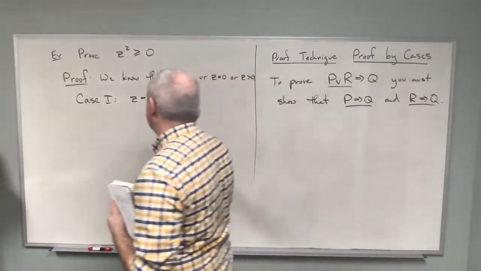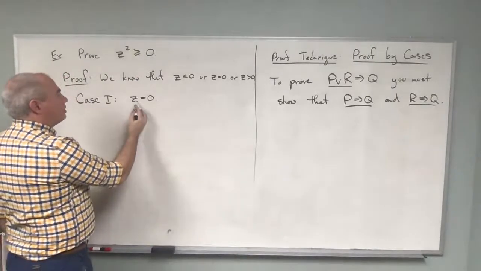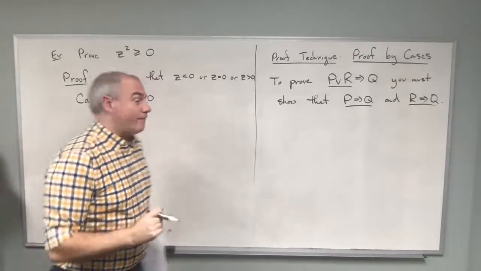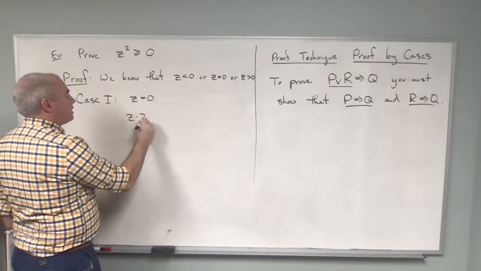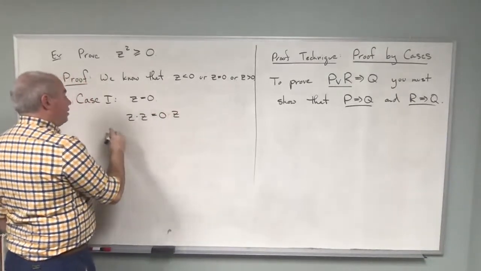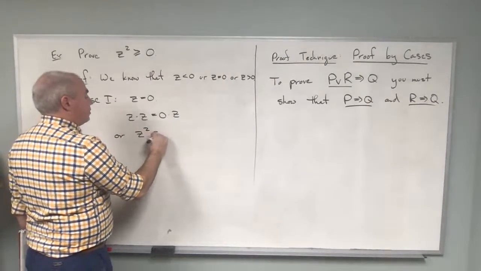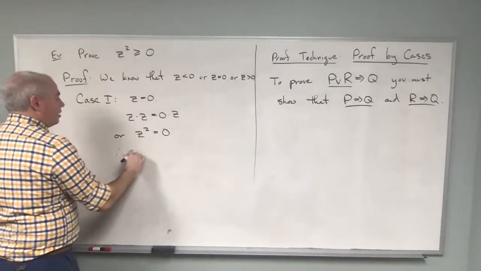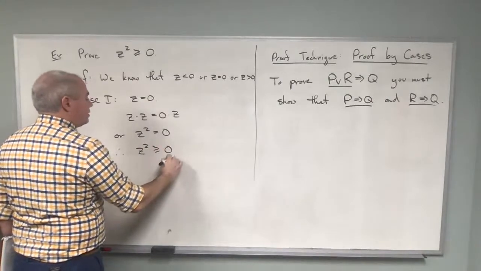All right, so if z is 0, I could multiply both sides of the equation by z. And if I do, I get that z times z is equal to 0 times z, or z squared equals 0. And so I could say, therefore, z squared is greater than or equal to 0.